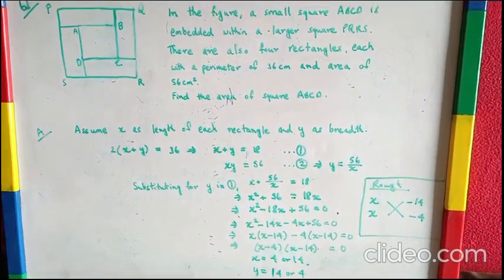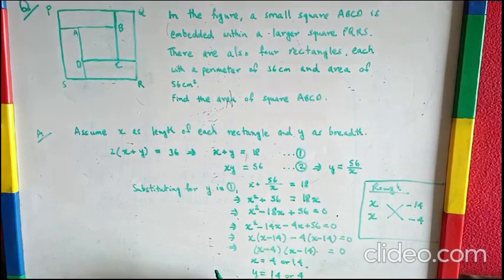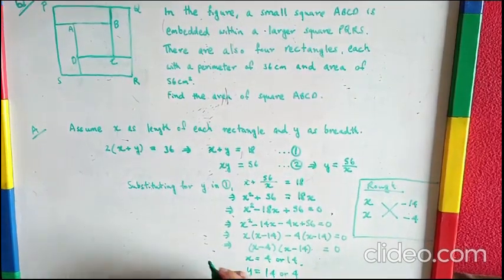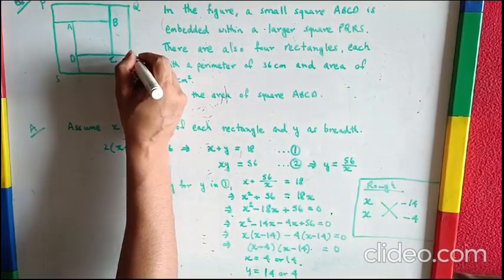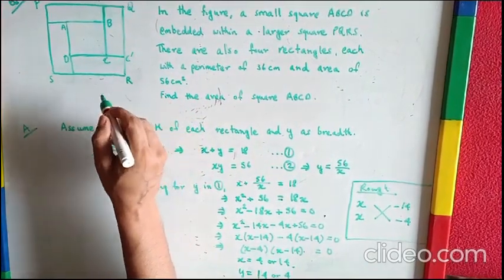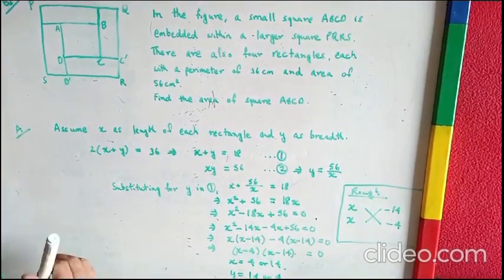Okay. So now let's do some further labeling here so that we can find out the area of the square, right? Let us label this here as C dash, and this part here as D dash, right?